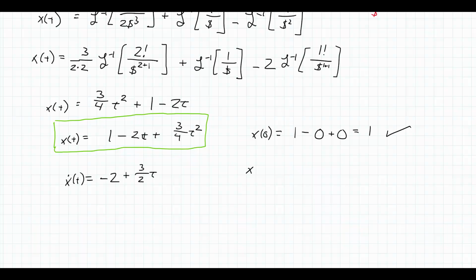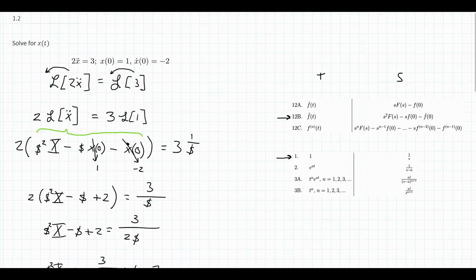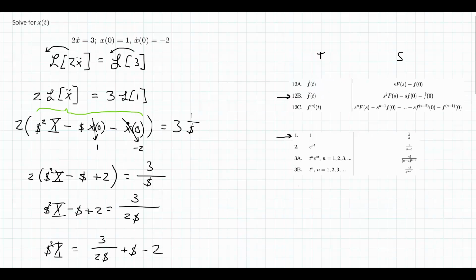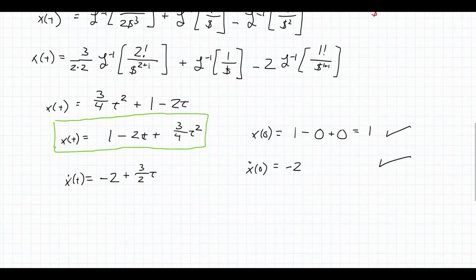Now let's check that against our second initial condition on x dot. Putting in 0, I get a negative 2, and then the second term goes away. Negative 2, just double checking, negative 2 was the initial condition on the velocity, or on the x dot term. So this solution satisfies both of our initial conditions, and we've found what we needed to find. We found the value of x of t.